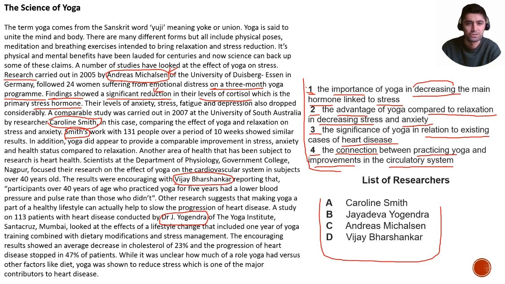So cortisol is considered to be the primary stress hormone. Here it says the importance of yoga in decreasing the main hormone linked to stress. That's actually the correct answer here. So statement number 1 is answer C, which is Andreas Mikkelsen.